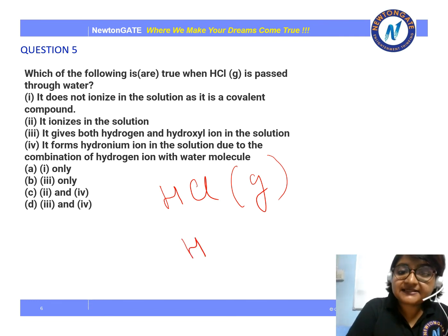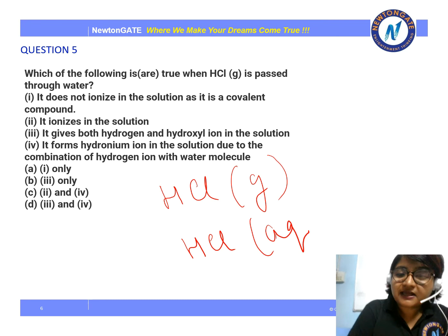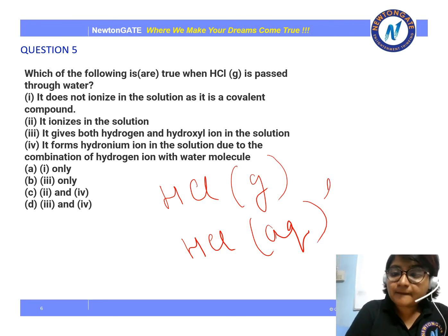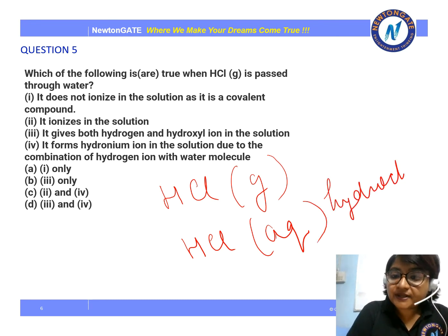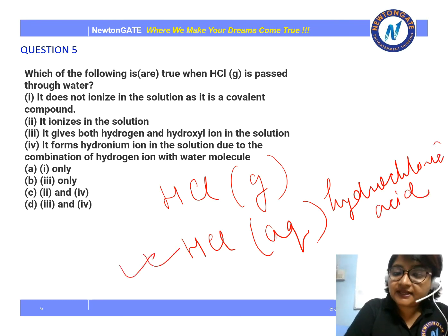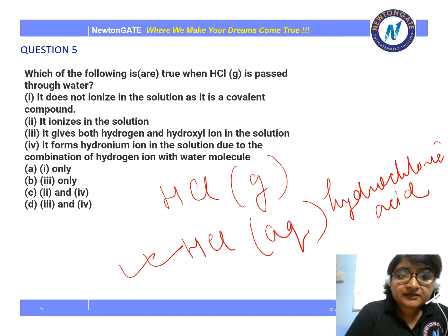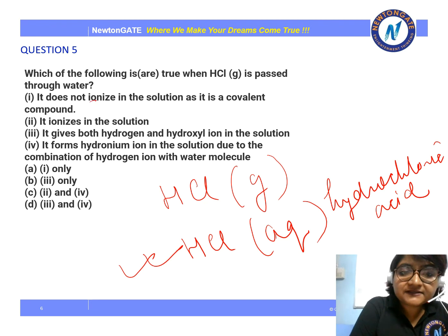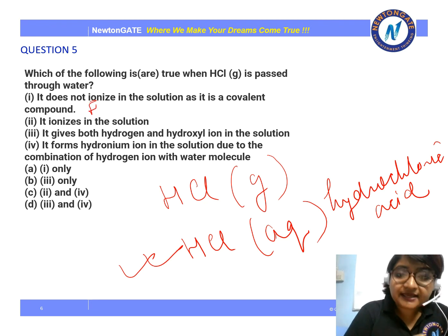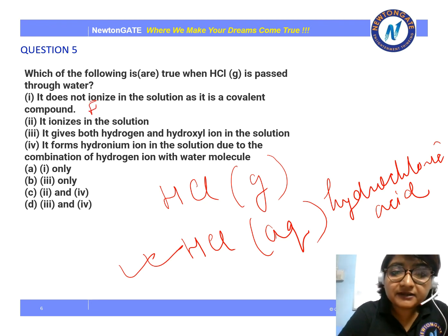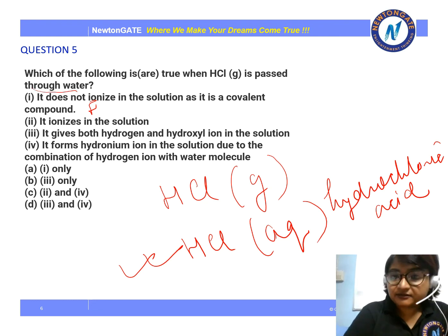If HCl is present as aqueous, or also called hydrochloric acid, in this case only it will possess the acidic property. So, it does not ionize the solution as it is a covalent compound: this is a false statement because yes, of course it is a covalent compound, but you are passing it through water, right?